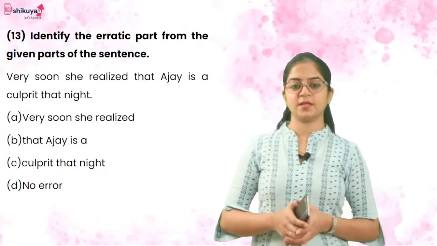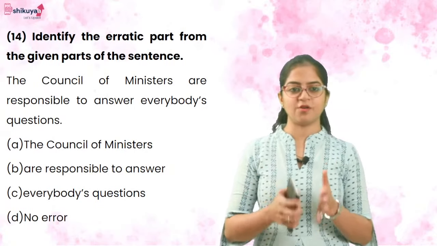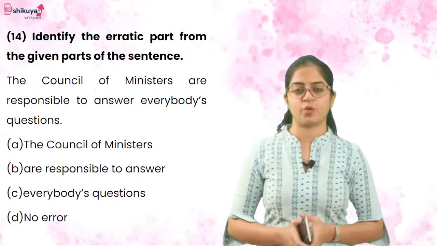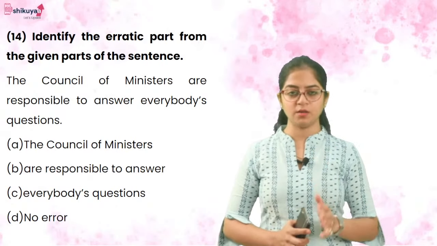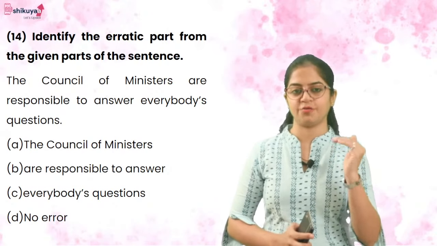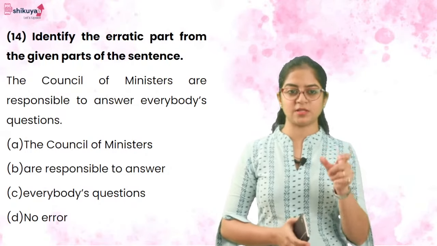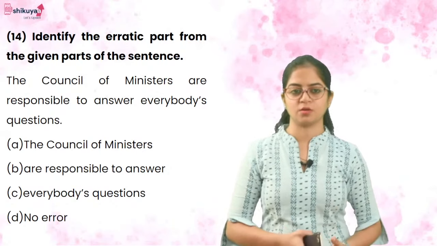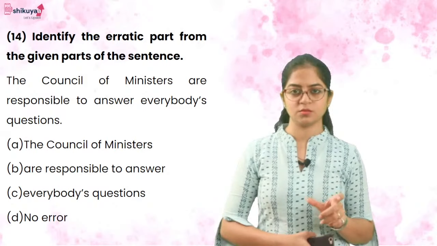Let us try the next question. The Council of Ministers are responsible to answer everybody's question. Same type of question, you have to search for the error. There are four parts of the sentence, and which part consists of the error? Now, Council of Ministers seems like a collective noun, right?